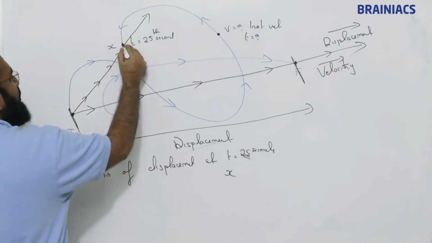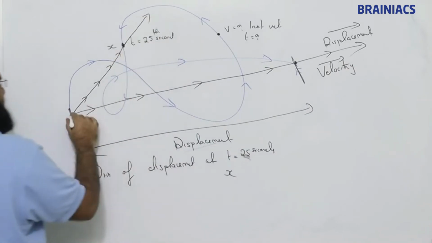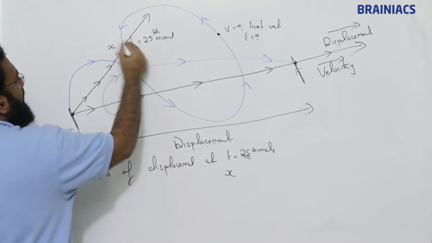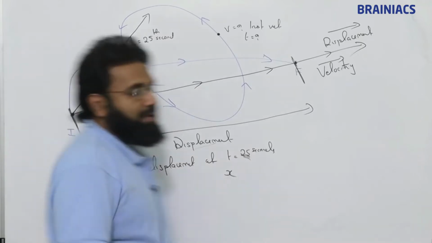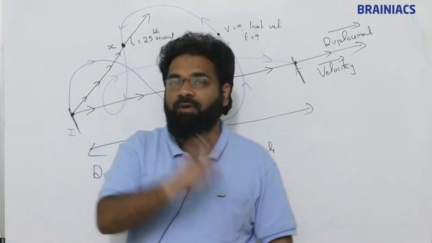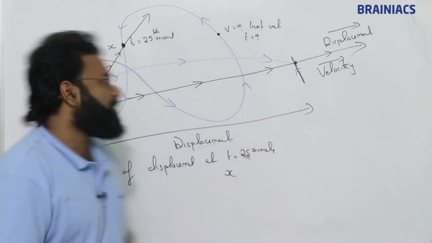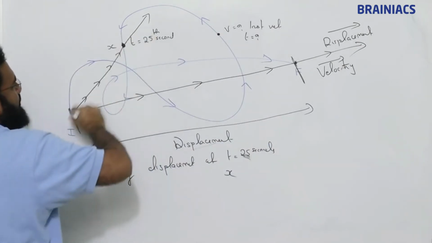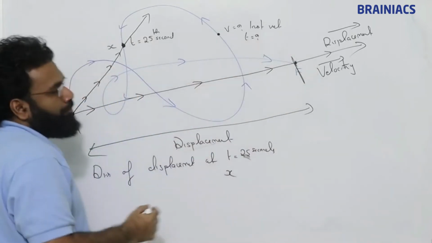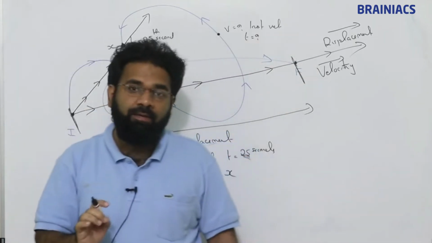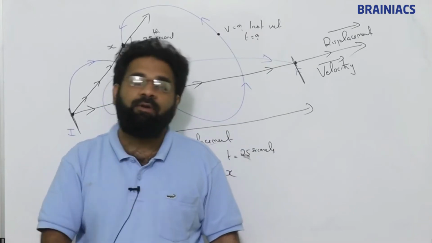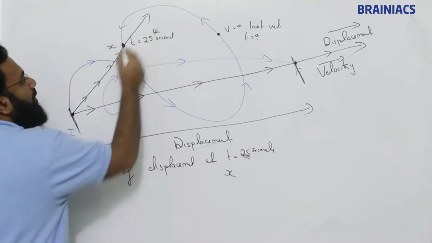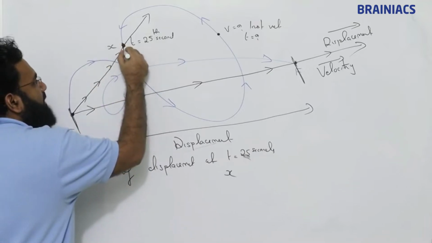Now we saw this is the direction of displacement here. From here, this is the direction of displacement. What is the direction of instantaneous velocity at that point? See, this is average, this is also average. When we are asked to find the direction of instantaneous velocity, this is nothing but the velocity at this moment, that will be this direction.